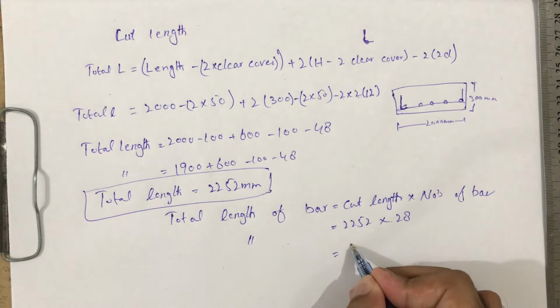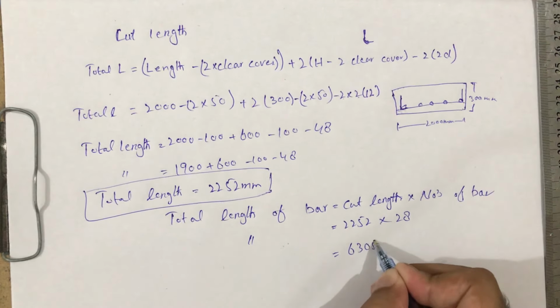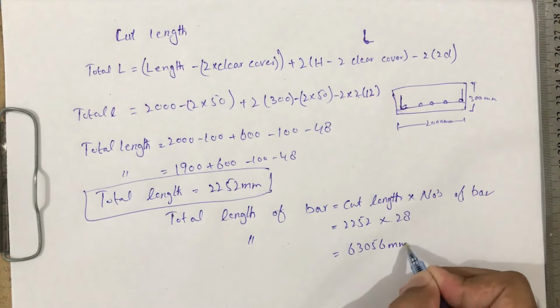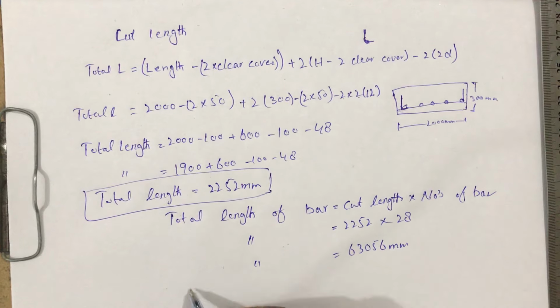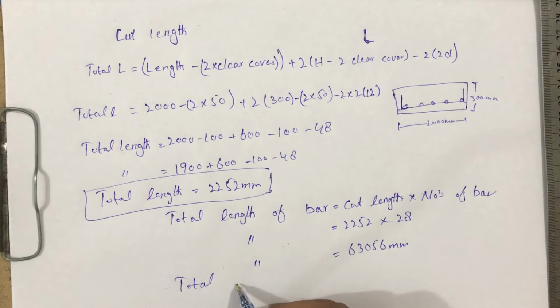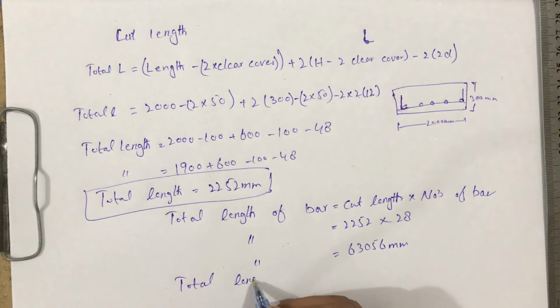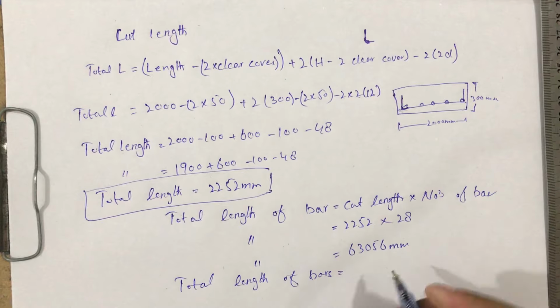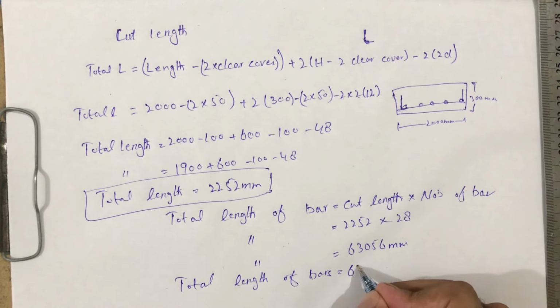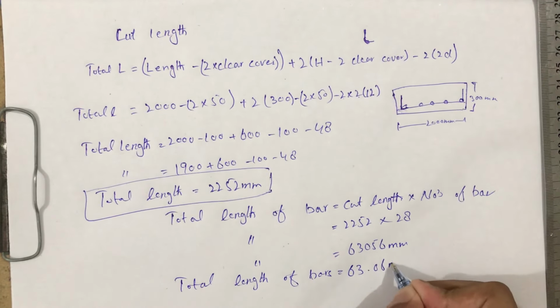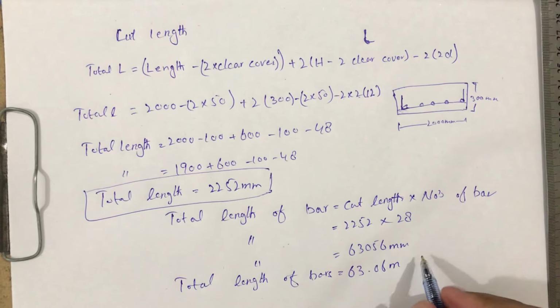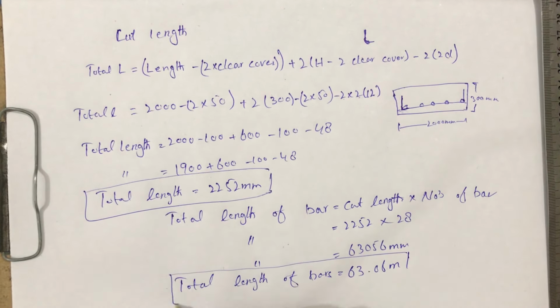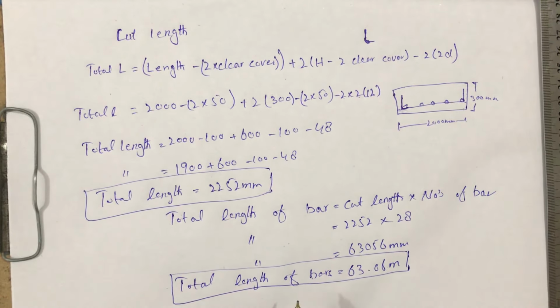So it will give us 63056 mm. So the total length of bars will be 63.06 meter. These are in mm, these are in meter. So that will be in meter.